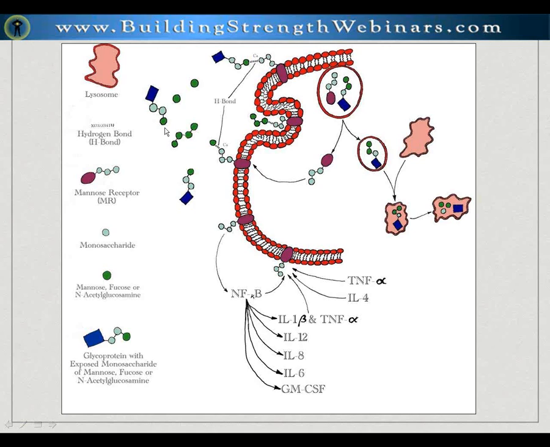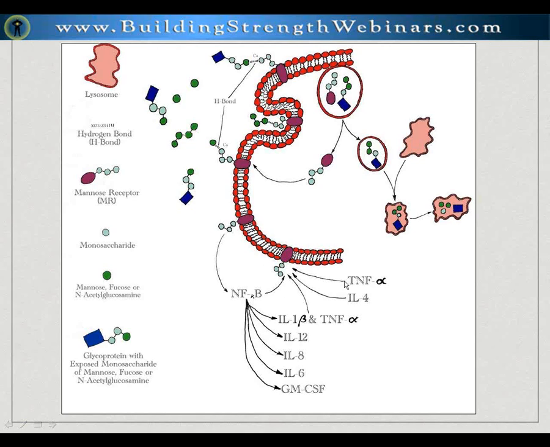The more mannose you have, the more receptors you have. And this also turns on nuclear factor kB, which produces interleukin-1, tumor necrosis factor alpha, IL-12, 8, 6. These are cytokines that help in communicating.